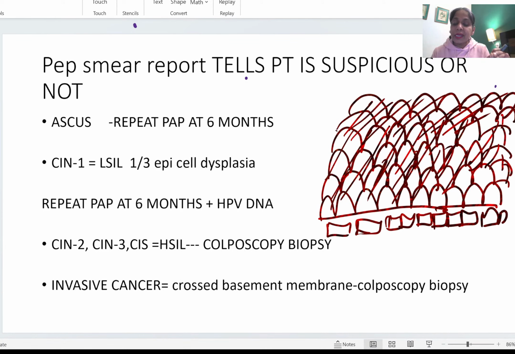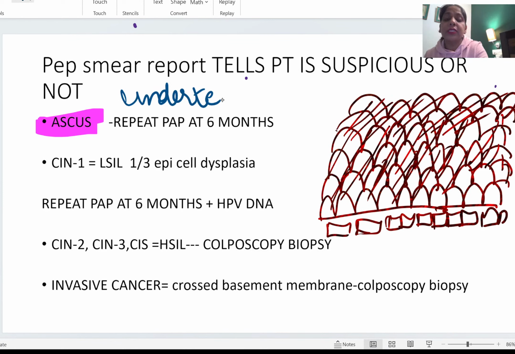In the Bethesda classification, there is the term ASCUS, the full form of which is atypical squamous cells of undetermined significance. Undetermined means the pathologist was not able to decide what it was. In that case, we have to repeat the pap smear after 6 months.